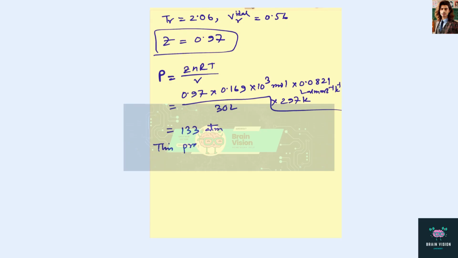Now this pressure is absolute. We need to get the gauge pressure, therefore we need to subtract 1. The gauge pressure is equal to absolute pressure minus the atmospheric pressure.